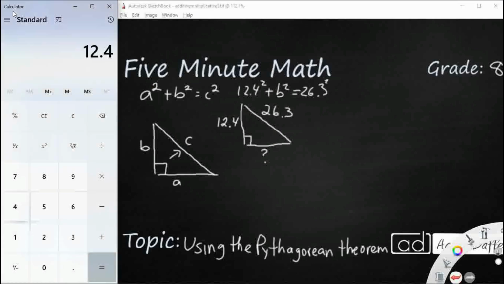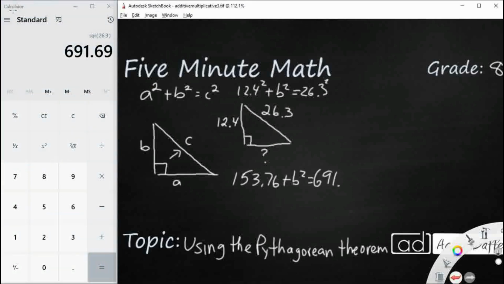So let's see what 12.4 squared is. All right, that is 153.76. I'm going to write that down here: 153.76 plus my b squared. That's going to equal, let's see, 26.3 squared, 691.69. Now, I have two things left.